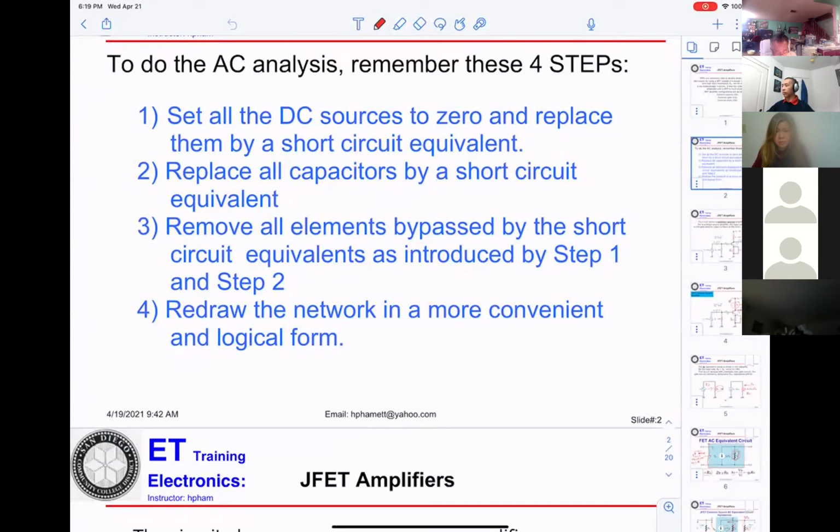First, set the DC sources to 0 and replace them by a short circuit. Second, replace the capacitors by a short circuit equivalent. Remove the elements bypassed by the short circuit equivalent, as introduced by step 1 and step 2. Then redraw the network in a more convenient and logical form.